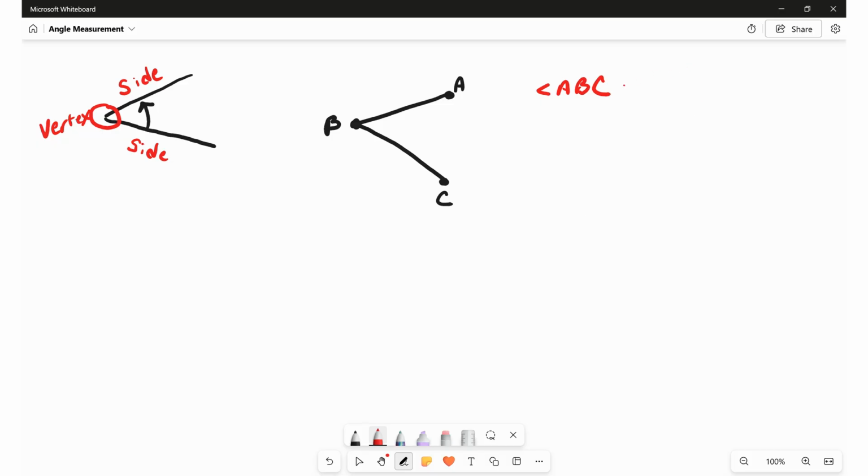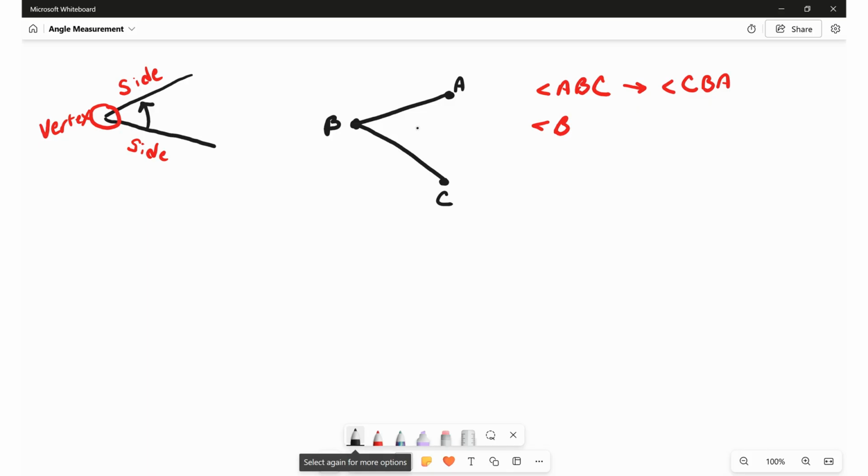So you could also call this angle CBA. We could go the other direction. Now, something else that we could do, we could label this as just angle B. So we can just use the vertex. That is another way of labeling it.